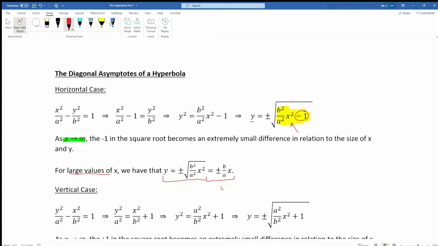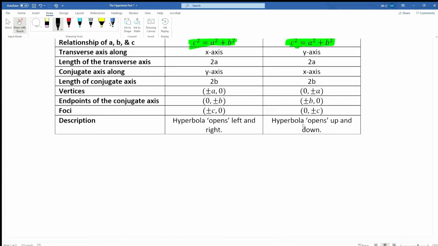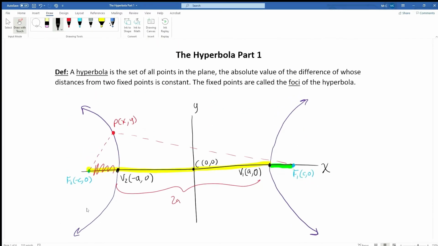That is to say, for large values of x, we're really just looking at the behavior of two lines, y equals b over a x and y equals negative b over a x. As x gets large, the function starts to behave like these two lines. And as you can see on this graph, we would have two diagonal lines that describe that behavior for extreme x values.